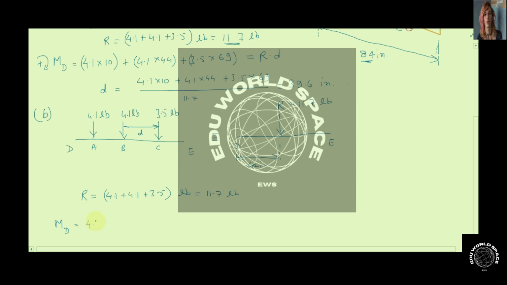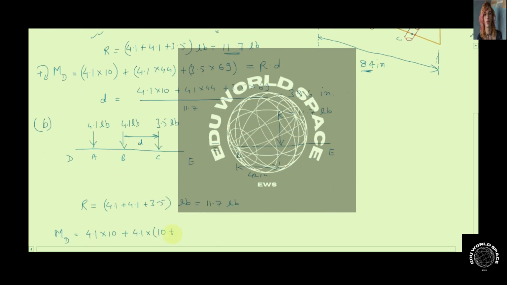The moment will be 4.1 multiplied by 10, plus the moment because of the second force, 4.1 multiplied by 10 plus 34, as we can see in the diagram that was 34 inches, plus the moment because of this 3.5 pound force, 3.5 multiplied by 44 plus d. This must be equal to the moment because of this equivalent force, that is 11.7 multiplied by 42.